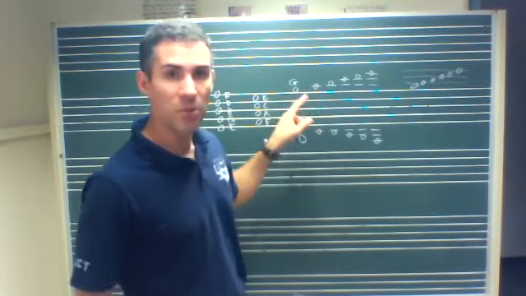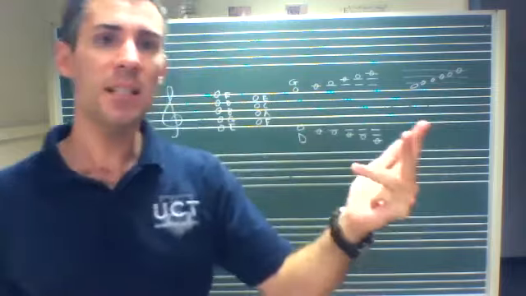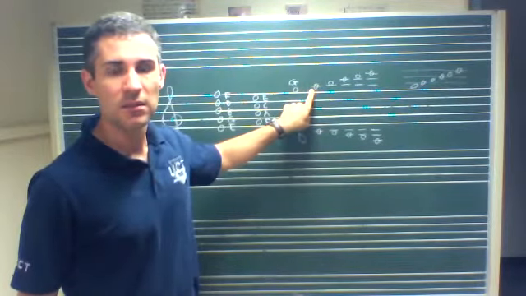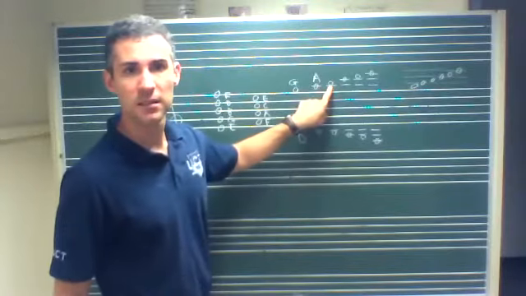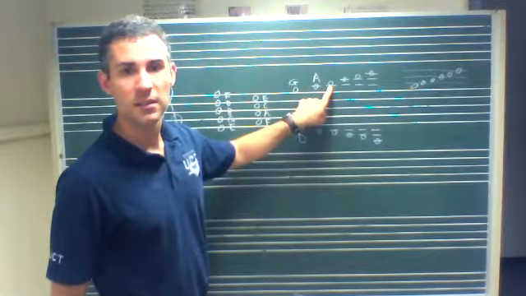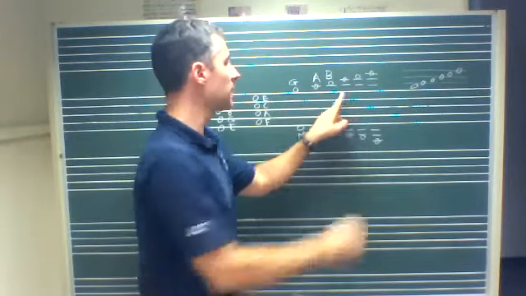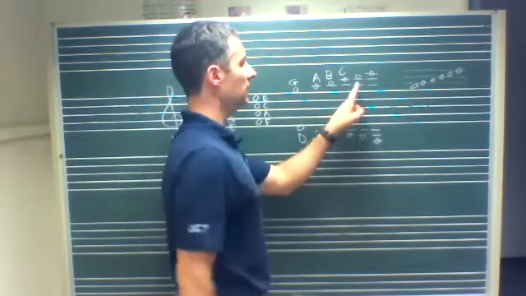Okay, so the musical alphabet goes A, B, C, D, E, F, G. So this one is G. What will the next line be over here? A. A, yes. And the next space? B. B, yes. The next line? C. Next space?